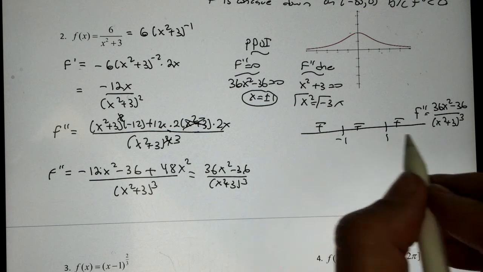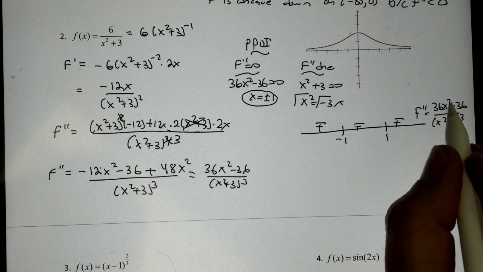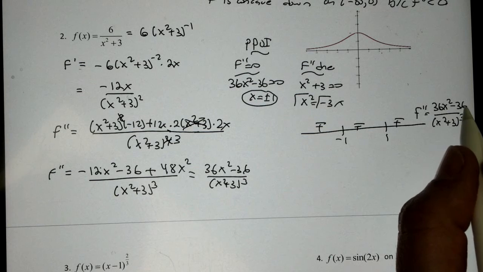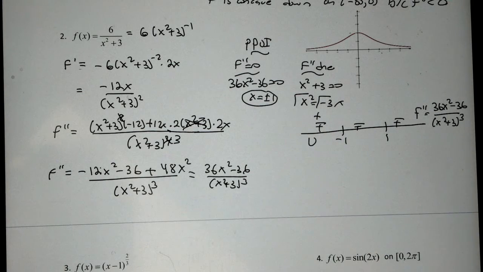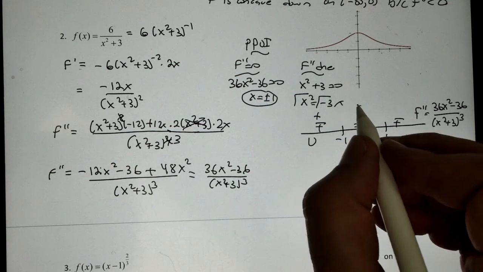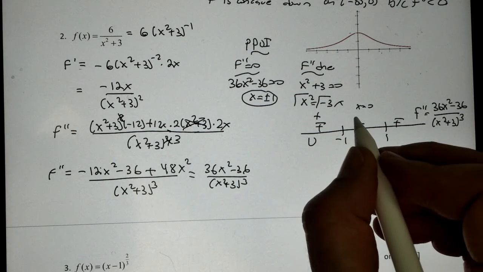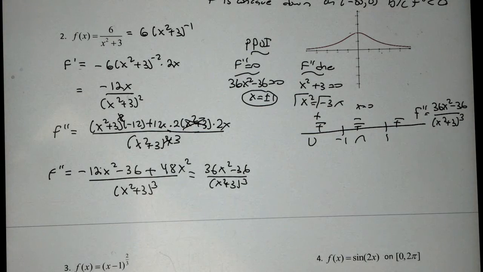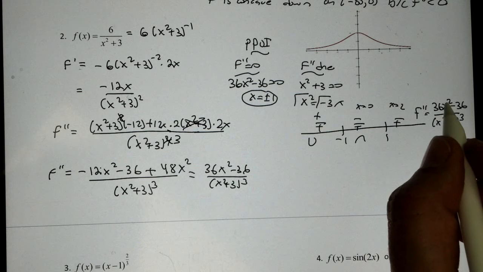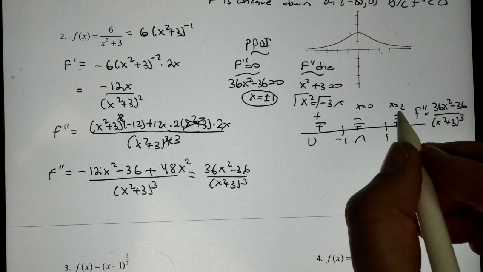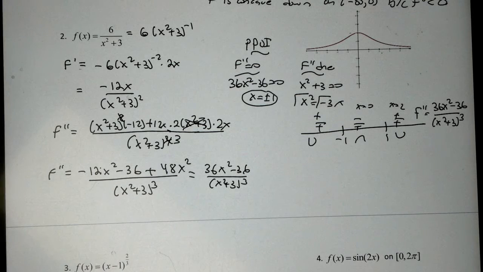So now I just pick a number, like negative 2. If I pick a negative 2, that becomes 4. 4 times 36 is bigger than negative 36, so this is going to be positive, so we know we're going to be concave up. Plug in something like x equals 0, and I get a negative on top, so we get concave down. Plug in something big, like 2 again, 4 times 36 minus 36 is going to be positive. So we got concave up.